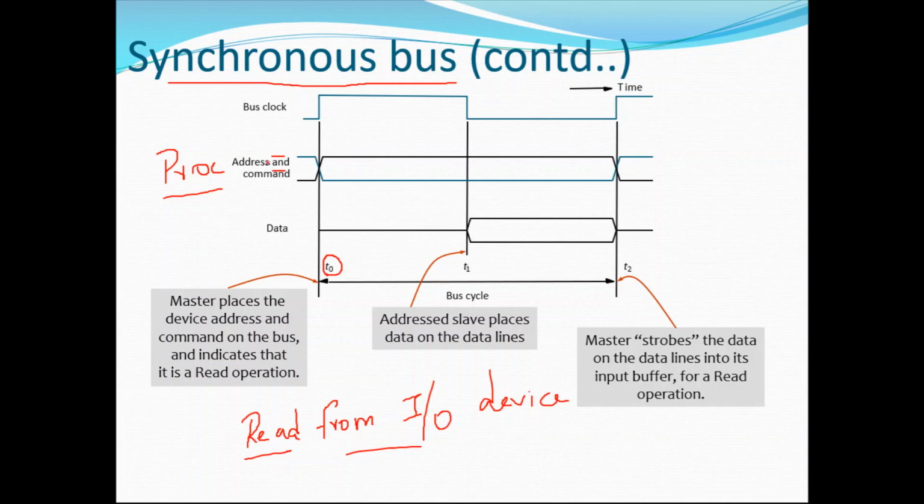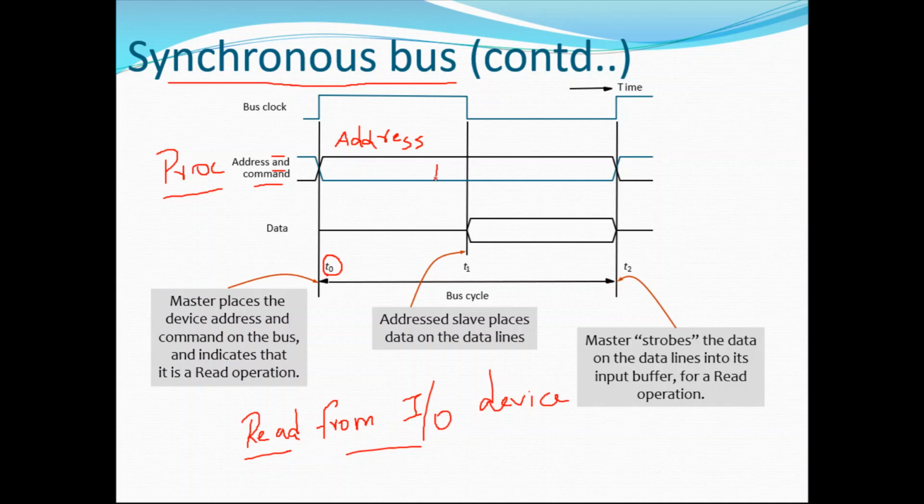Here we assume that address and command are specified through a single bus. Whose address is it placing? It is placing the address of the IO device from which the data should be read. The processor wants to read something from the IO device, so it places the address of that device, and the command specifies what operation it wants to perform.